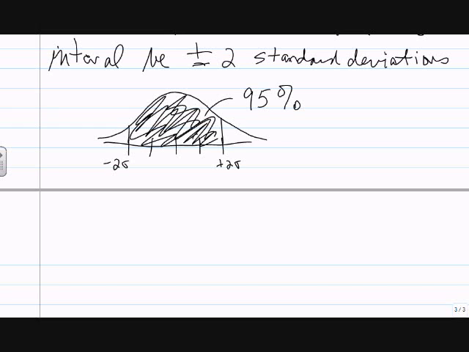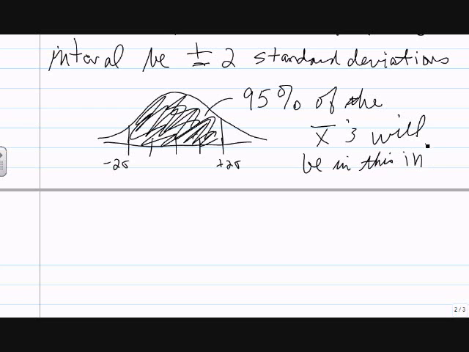Okay? Now, within these 2 standard deviations from the mean, 95% of the sample means will be in this interval. Mean plus or minus 2 standard deviations.